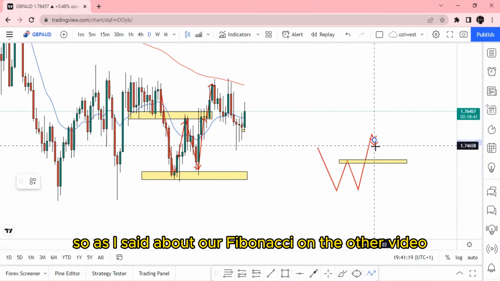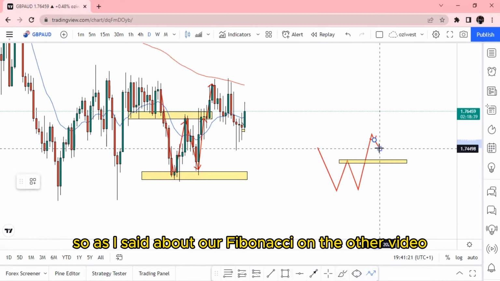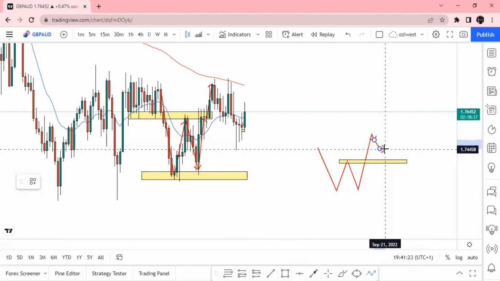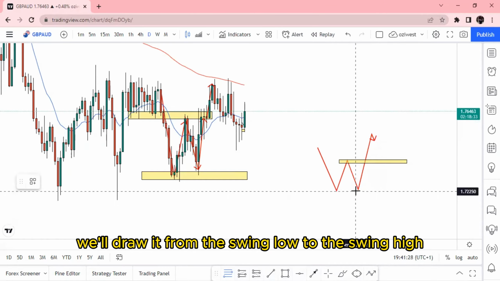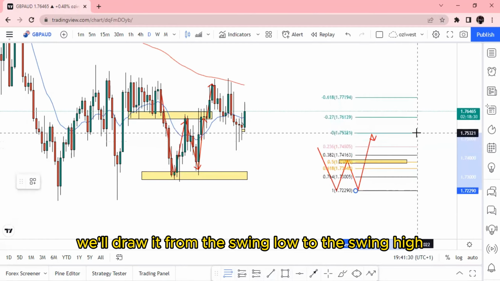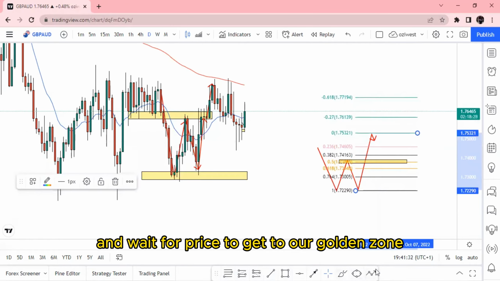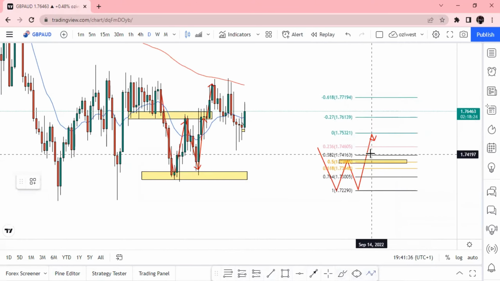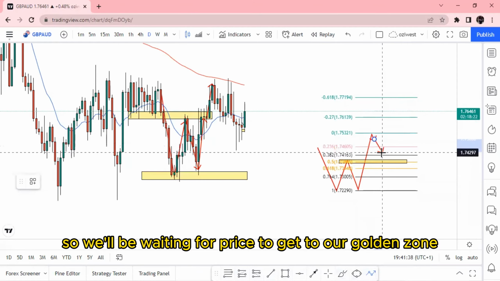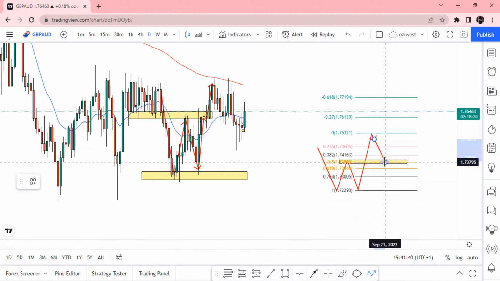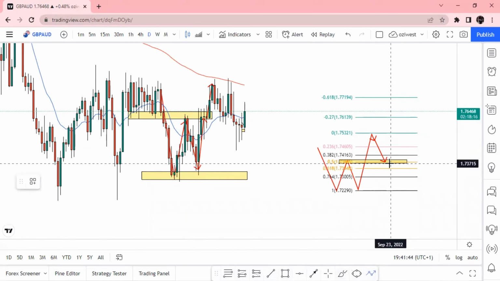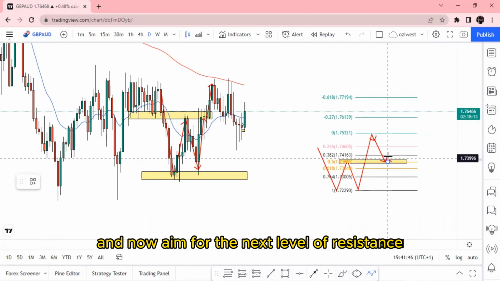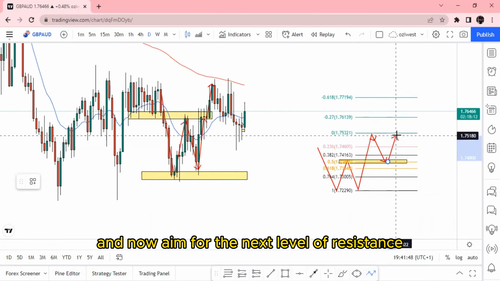So as I said about our Fibonacci on the other video, we're waiting for the retracement. We draw it from the swing low to the swing high and wait for price to get to our golden zone before we start looking for entries, and then aim for the next level of resistance.